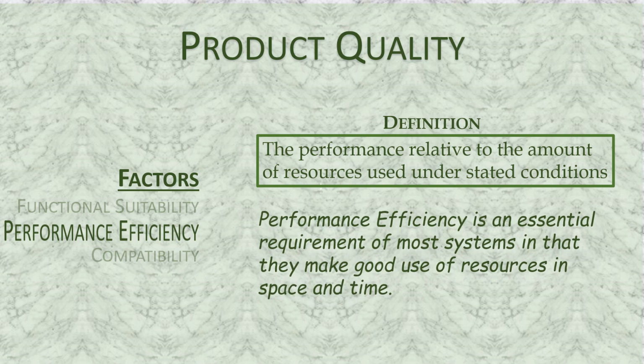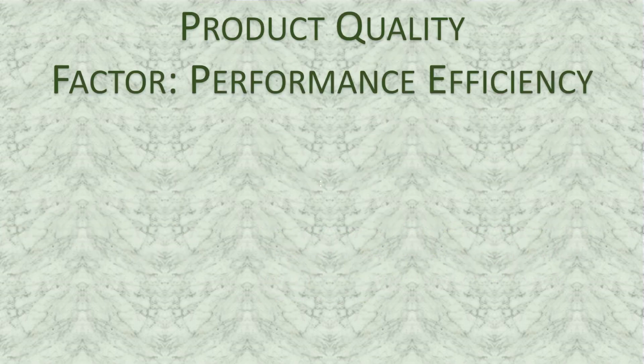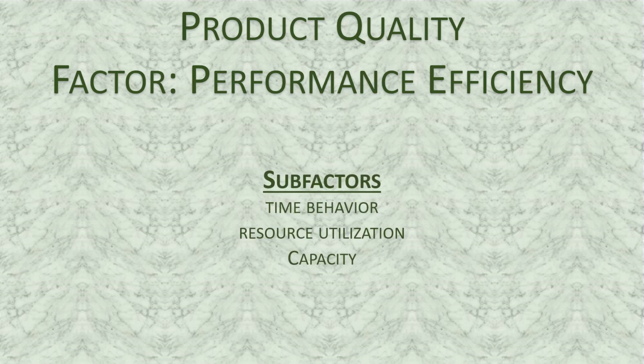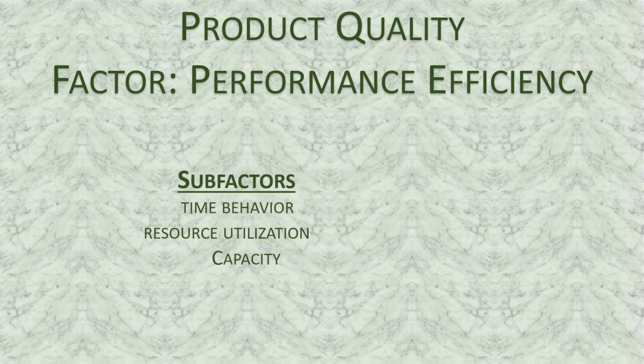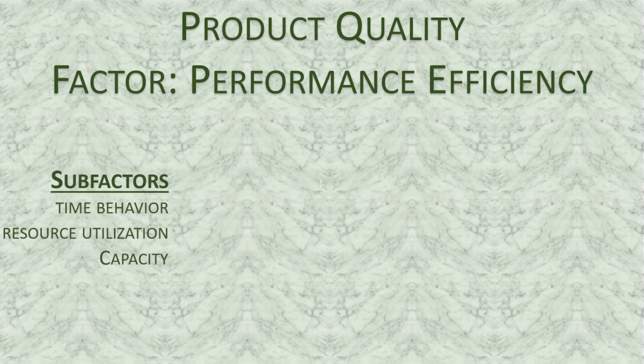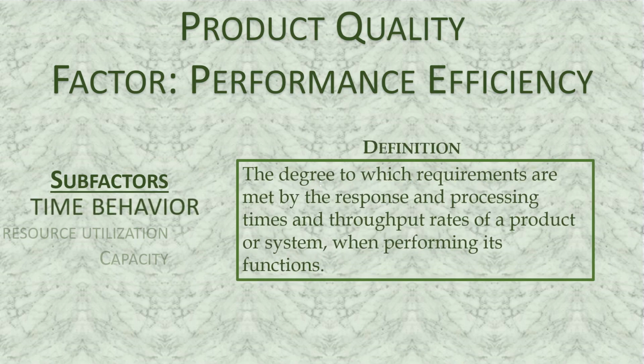Performance efficiency requirements should be captured as non-functional requirements. Performance efficiency has three subvectors: time behavior, resource utilization, and capacity. Time behavior is the degree to which requirements are met by the response and processing times and throughput rates of a product or system when performing its functions.